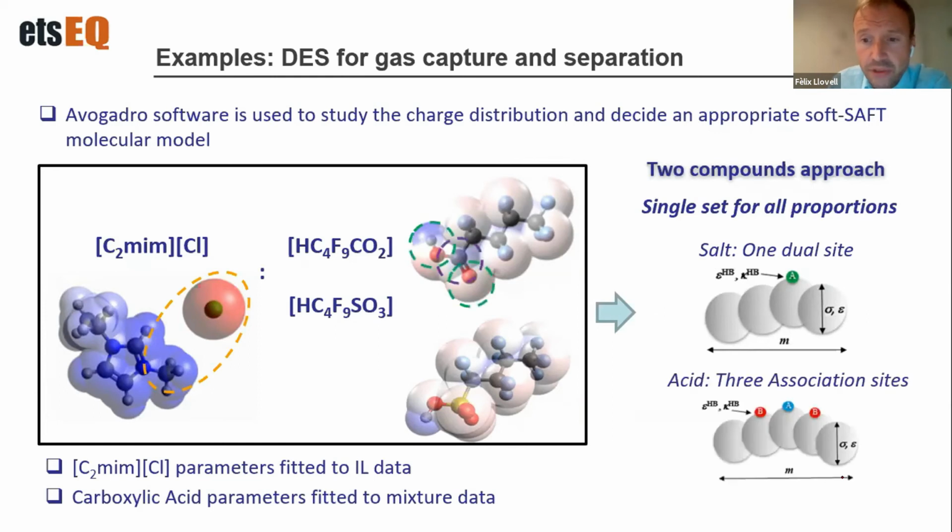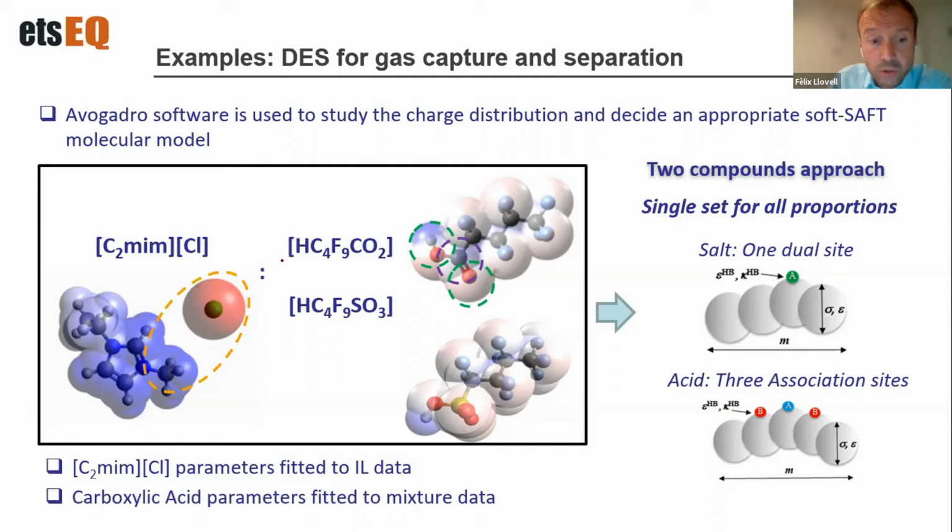And a three association site for the acid, based also on several studies that suggested that more than one associating site was necessary to model the reality in the hydrogen bonding of carboxylic acids when mixed with other molecules that have also hydrogen bonds.